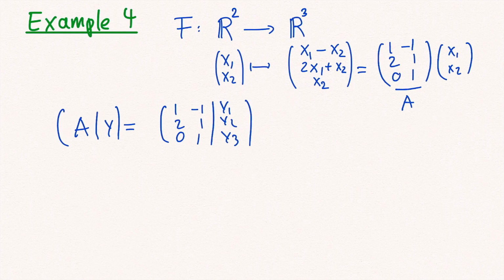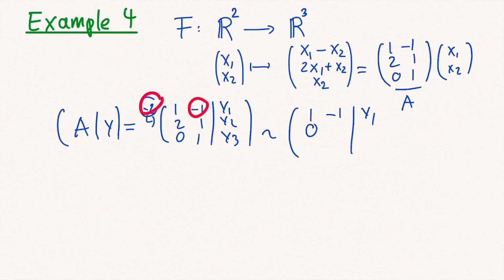And here we subtract now the first row twice from the second and get this. So here it's 0. Here minus minus gives plus. So 2 plus 1 is 3. And here we have y2 minus 2 times y1. And the last row is still the same.